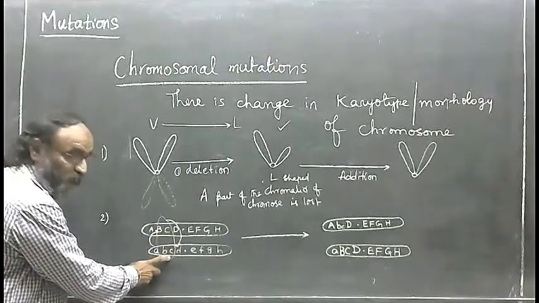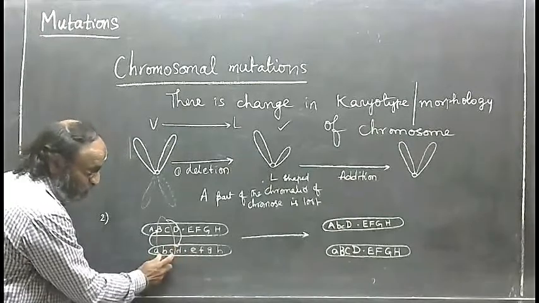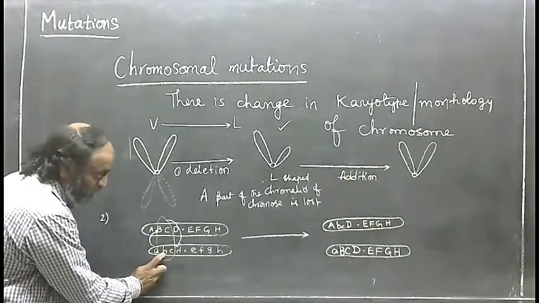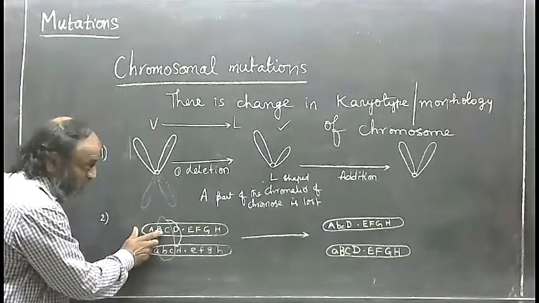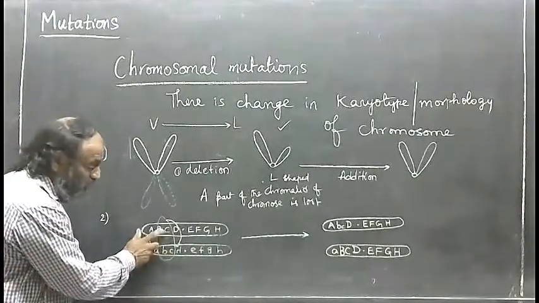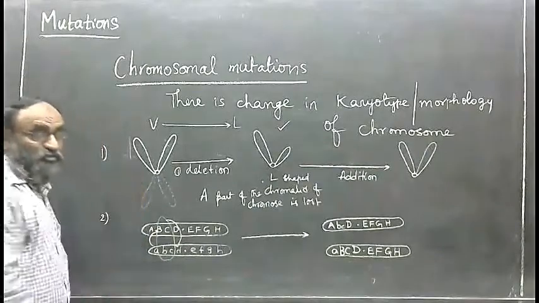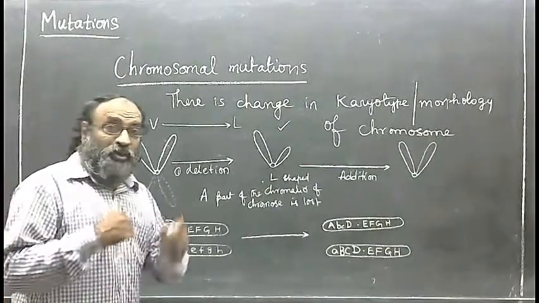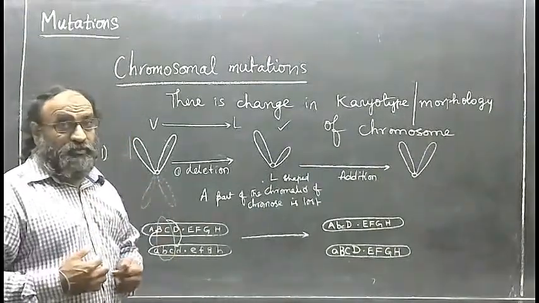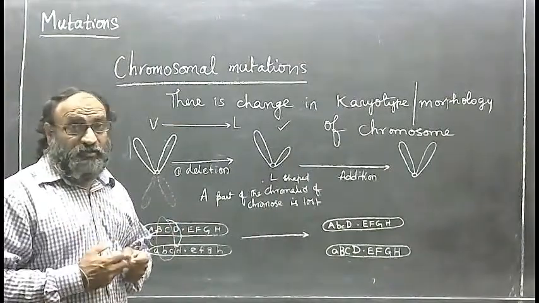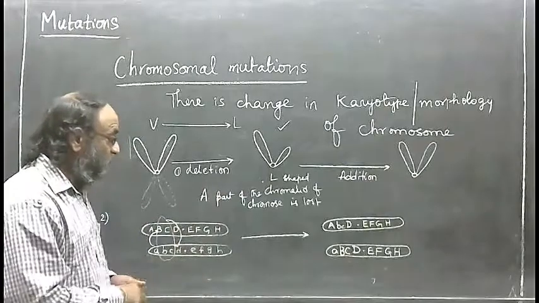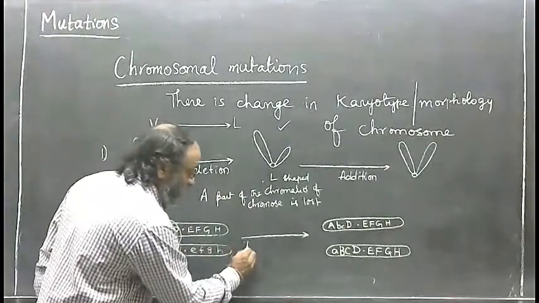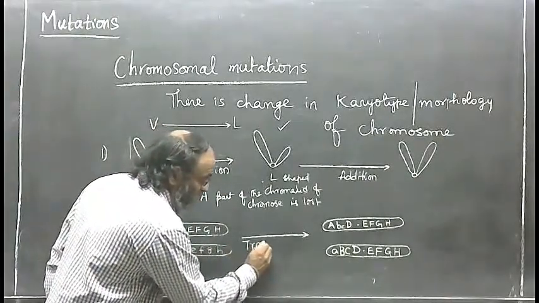are taken by this portion of this chromosome. And these segments, small b, small c, are taken by this portion. That means they are mutually exchanged. The exchange of segments between the two chromosomes is called translocation.